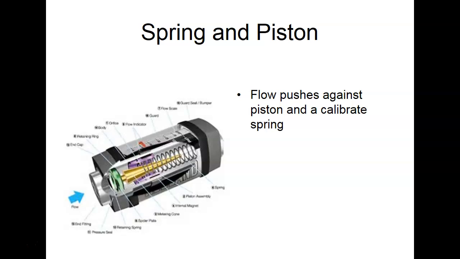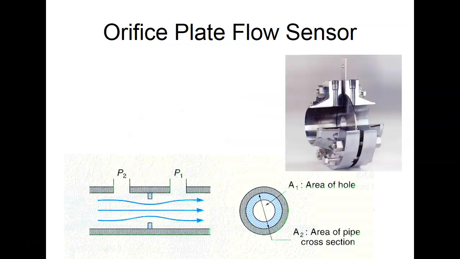So we have a piston up here. The fluid comes up here and strikes that piston. It generates a force, which works against a calibrated spring, and then we use that to measure how fast it's moving to generate that force to give us a flow. This makes sense? Pretty simple. This is used a lot.